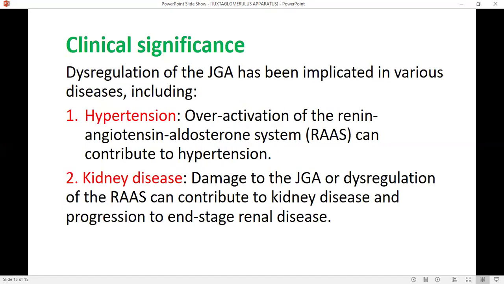Then clinical significance is all about what we can learn from this. Clinically, how can we apply it? Someone can develop hypertension. Hypertension is high blood pressure. When there is overactivation of renin, renin being the one which regulates blood pressure, it means that someone is going to develop hypertension or kidney disease due to damage to the juxtaglomerular cells.